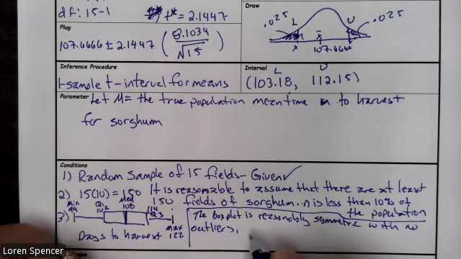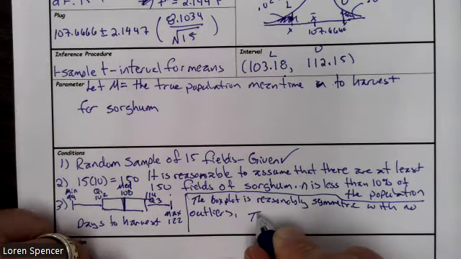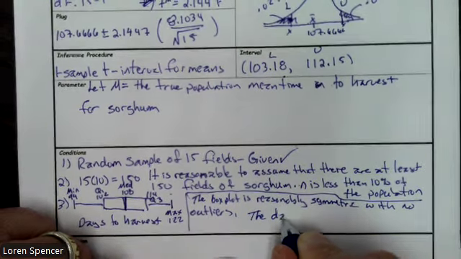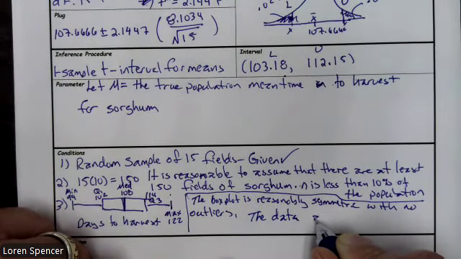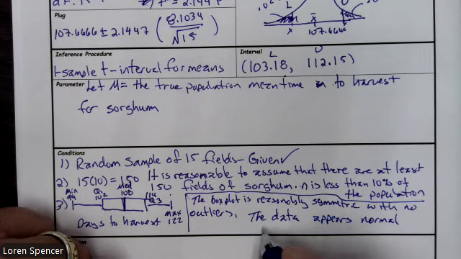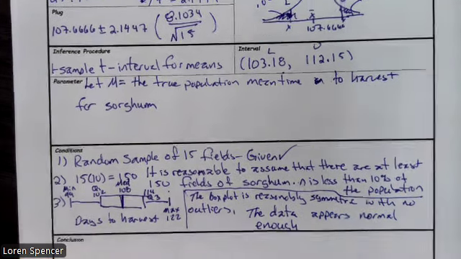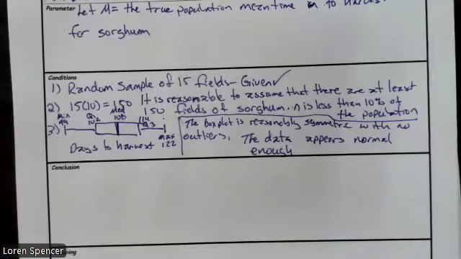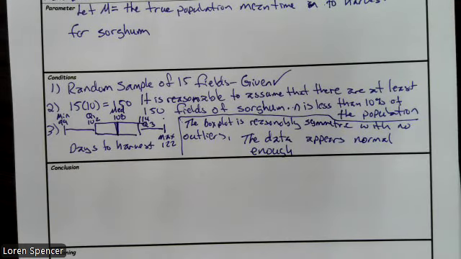The data appears normal enough. Okay. Because we need normal enough data to proceed. All right. So now that we've done that, we need to do our conclusion.